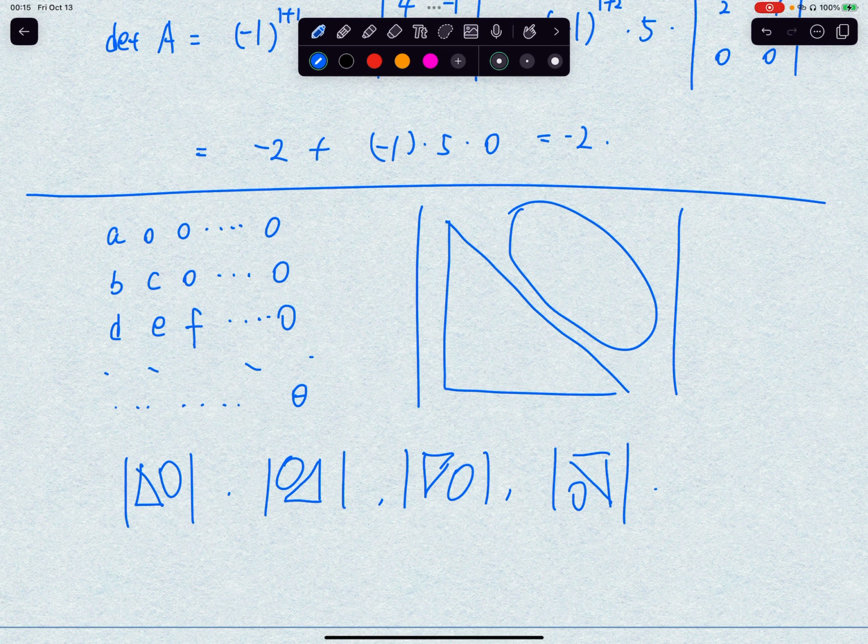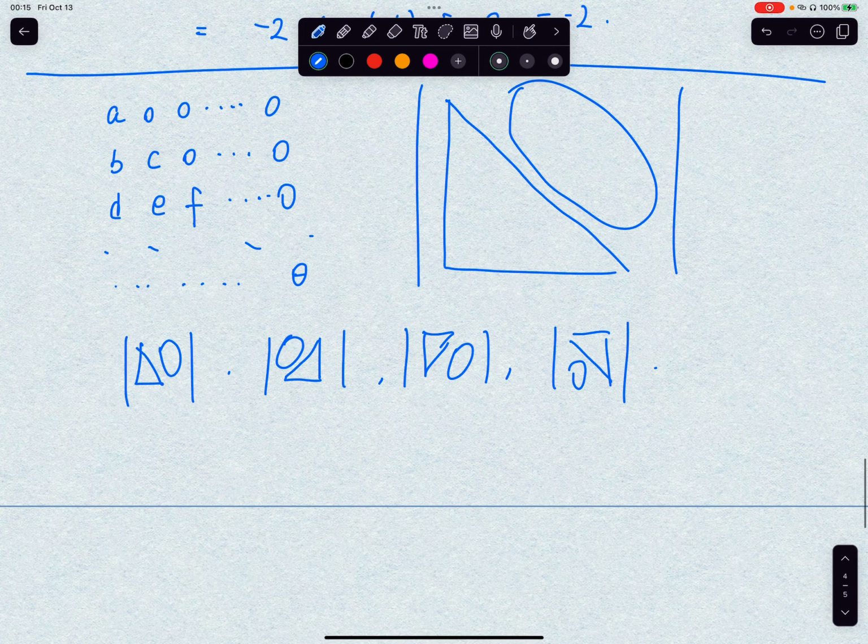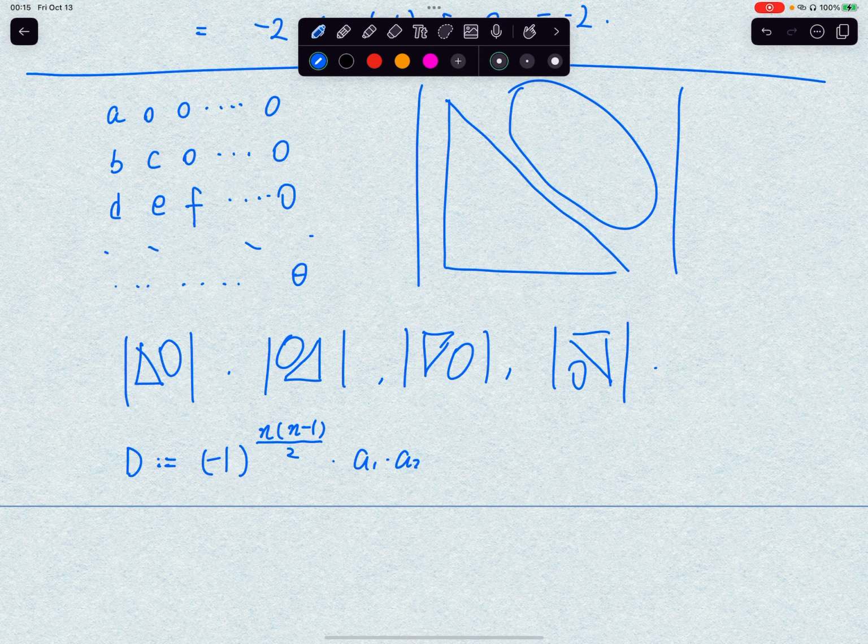And in calculating the determinant of the triangular matrix, we have a formula which turns out to be very useful. That is minus 1 to the n times n minus 1 over 2, times a1, a2, all the way down to an.